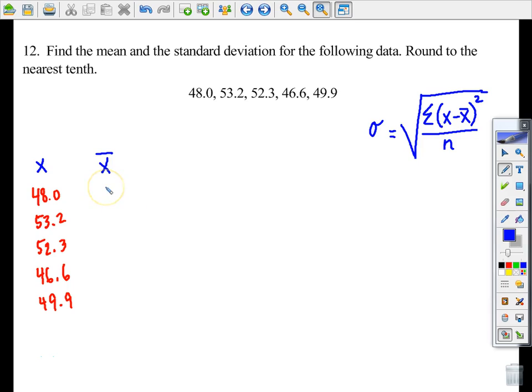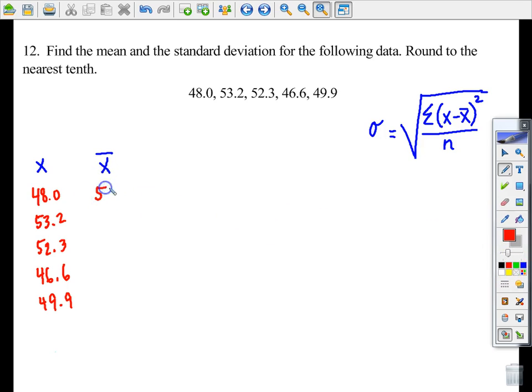So remember, to find the mean, we just add these up. 48 plus 53.2 plus 52.3 plus 46.6 plus 49.9, and we get 250. And 250 divided by the number of terms, which is 5, gives us a mean of 50.